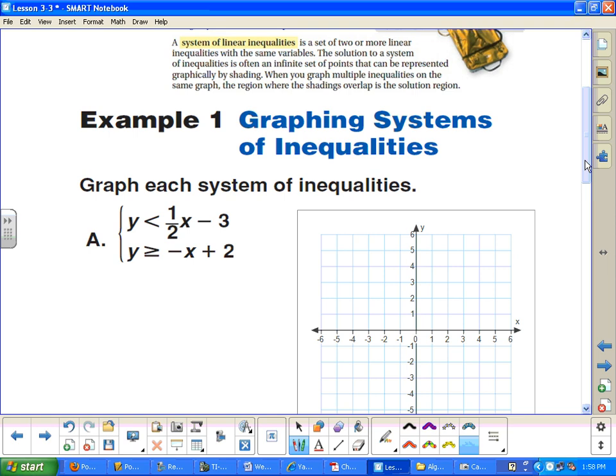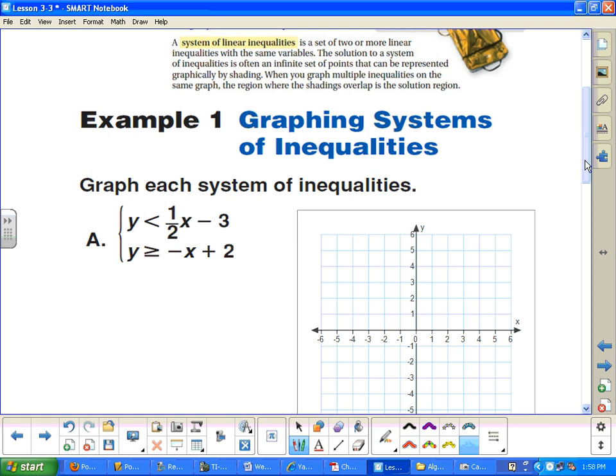And our whole thing is when we graphed inequalities, we did shading to represent the area that had the solution, because there's an infinite number of points for the solution. Well, now we're going to look at a system of inequalities. In example 1, we're going to have 2 different inequalities. When we get to example 3, we're going to have more than 2.